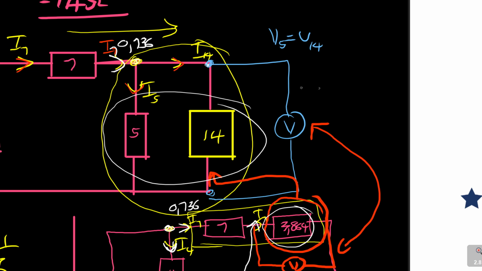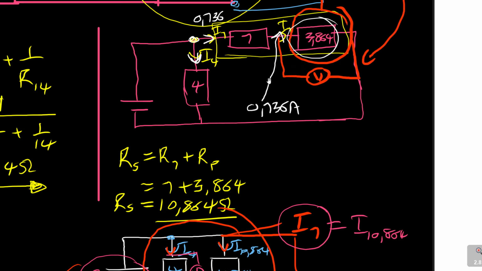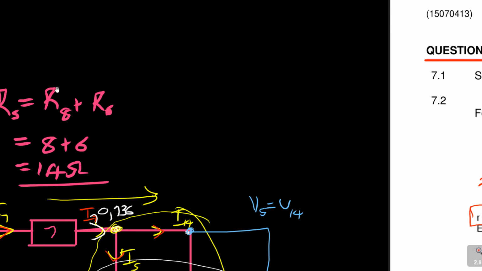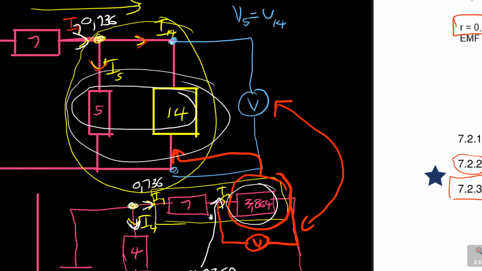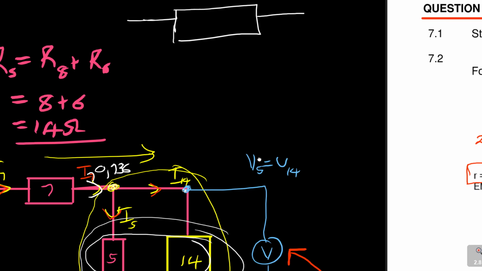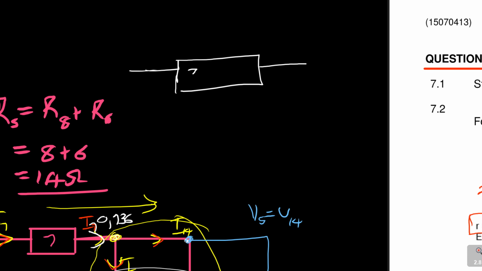So I can say, the 5 and the 14, and I know their current. Let me do it on top here. I've got the total, which is 3.864, and then the current that entered, which was that I7.